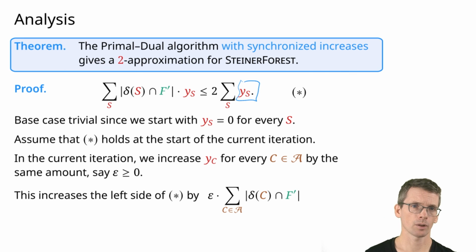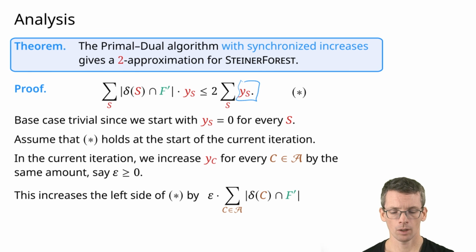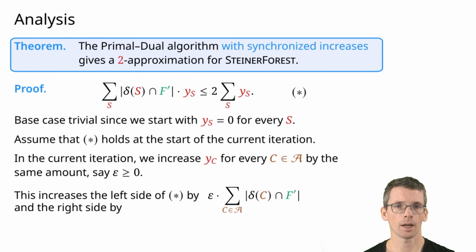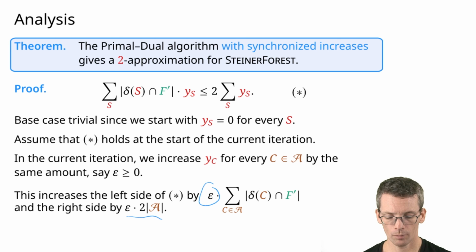Each of these increases by epsilon, so the total increase is 2 times epsilon times the number of active components. So that's 2 times a times epsilon. On both sides, I have this factor epsilon. Here I have the sum, here I have 2a.